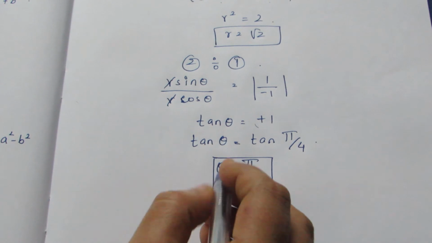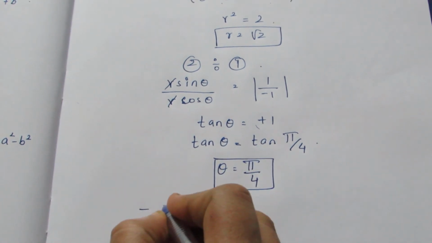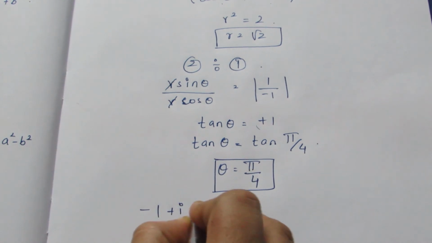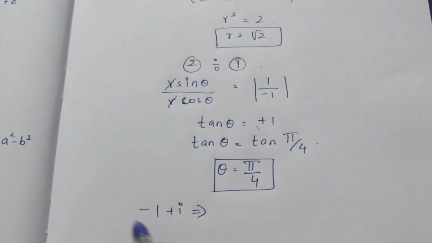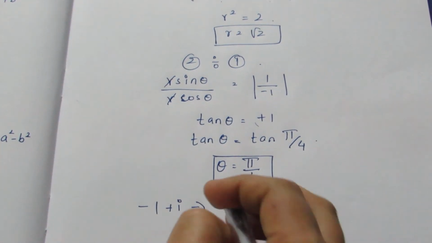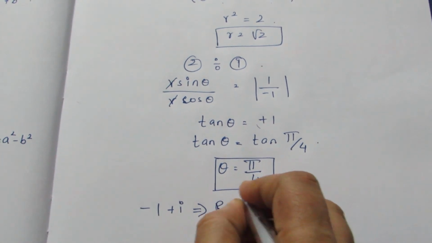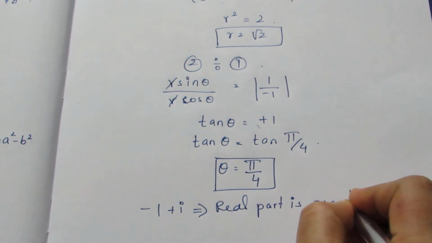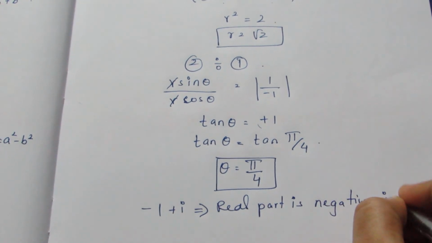For that, we know the given complex number is minus 1 plus i. In this, the real part is negative and the imaginary part is positive.